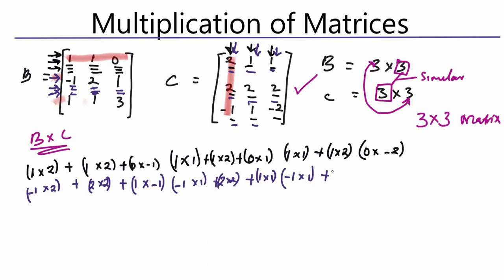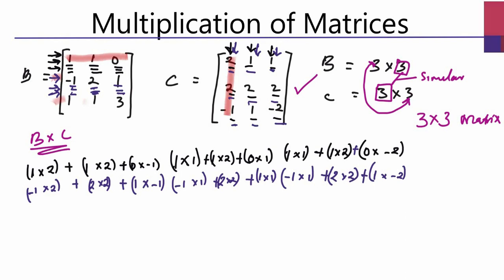So we have 2 multiplied by 2. And we add this to 1. We are adding it to 1, we multiply it with minus 2. So 1 times minus 2.